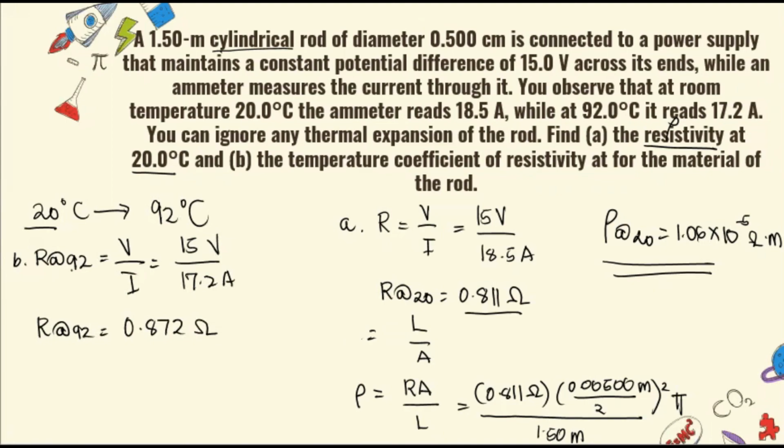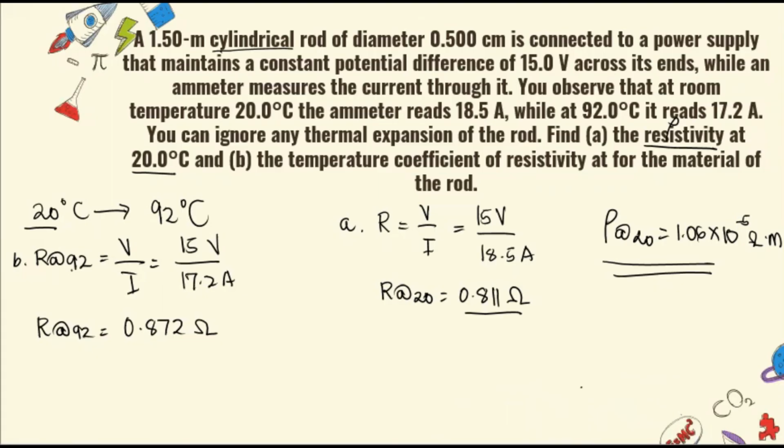Since meron na tayong resistance before and after, we could use this equation in order for us to get the temperature coefficient alpha. RT is equal to R naught multiplied by 1 plus alpha times (TF minus T0). Substitute lang natin mga na-compute natin.